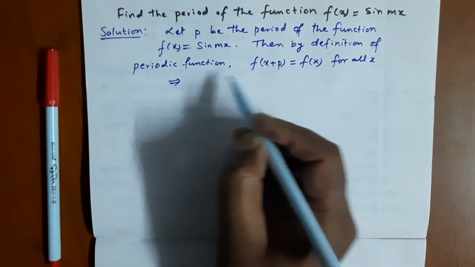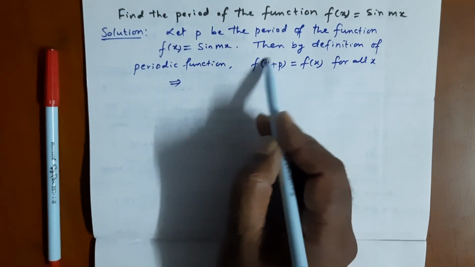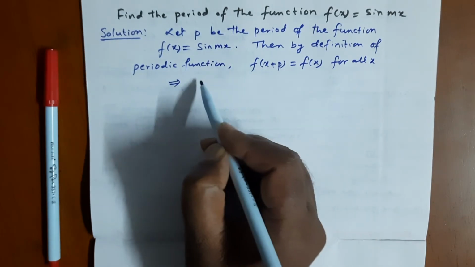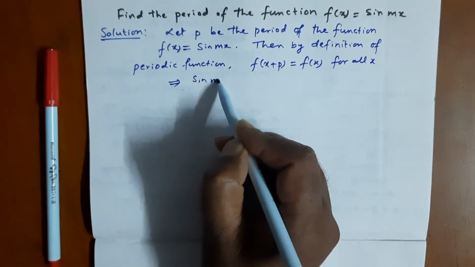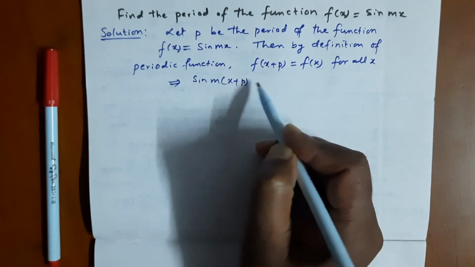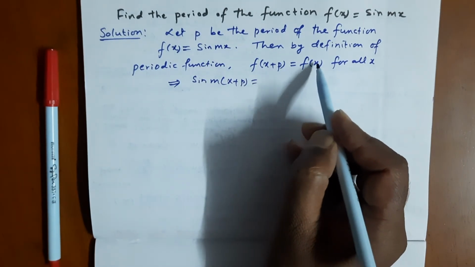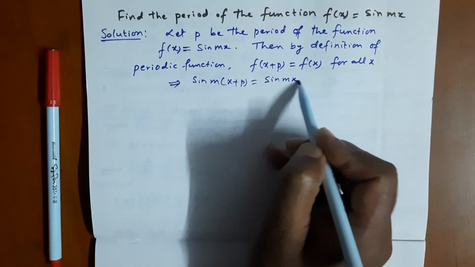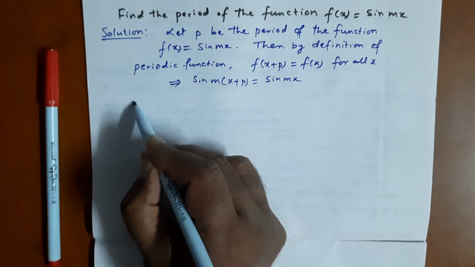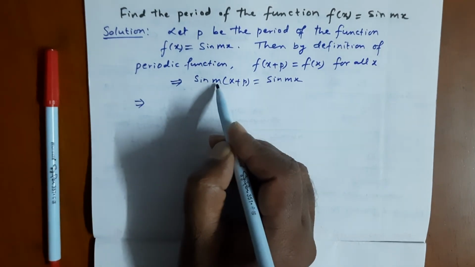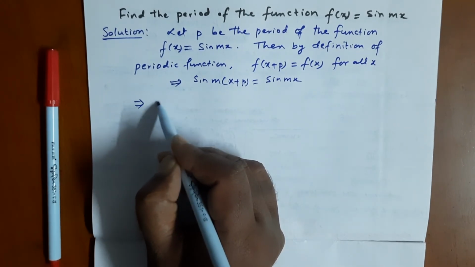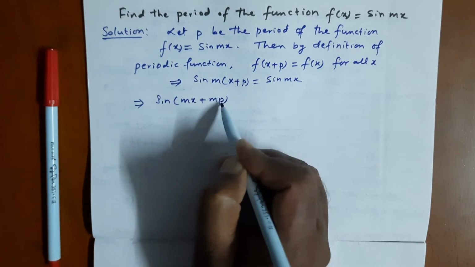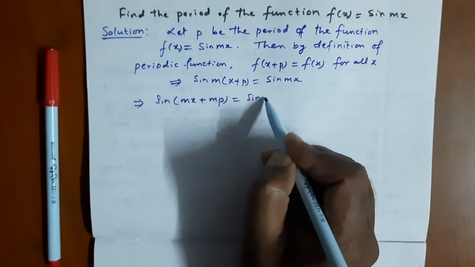This implies that in place of x we have x plus p, so on the right side also we replace x by x plus p, so it will be sin(m(x+p)) equals f(x). f(x) means from here it is sin(mx). And now we can open this as mx plus mp: sin(mx+mp) equals sin(mx).